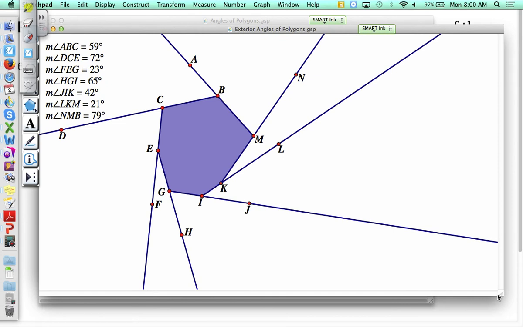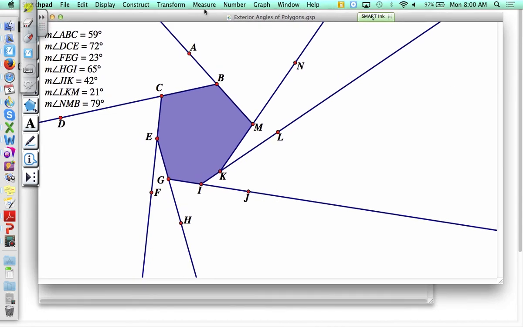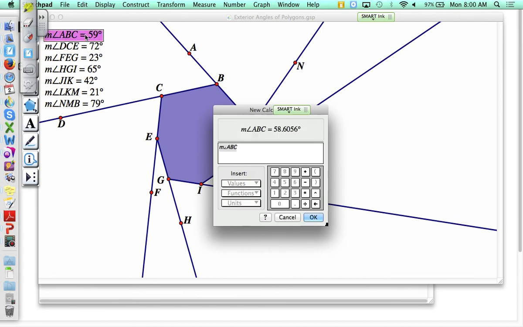Okay, so notice that I have the exterior angles measured, and I don't know why I didn't yet calculate the sum of them. Let me do that now.